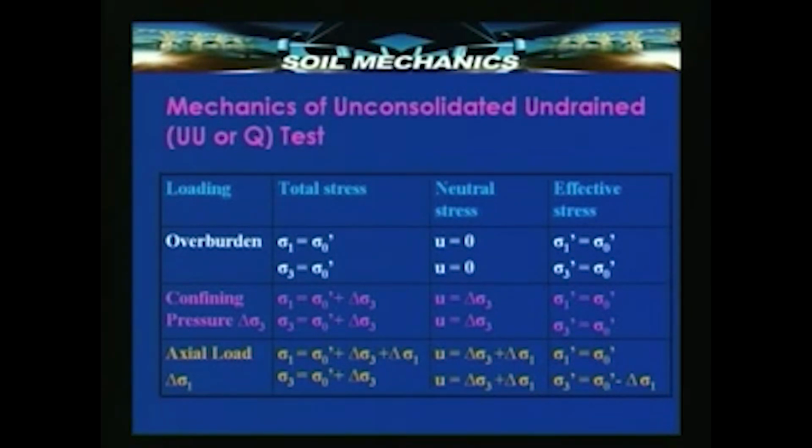And therefore, in this case, in order to know the stress state at the end of the test, we have got to take the initial overburden effective stress that was present in the soil before the test was conducted. In fact, the testing procedure is such that initially we subject the soil to a pressure equal to the overburden pressure and then we continue the test.